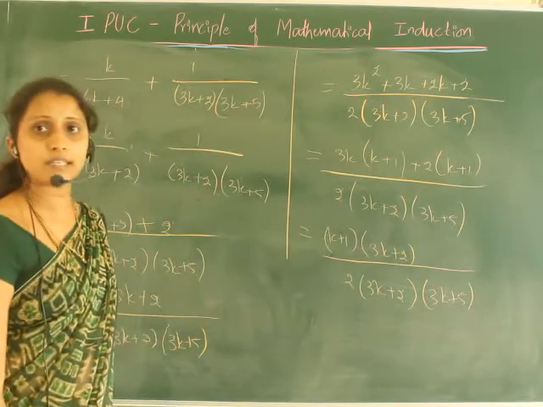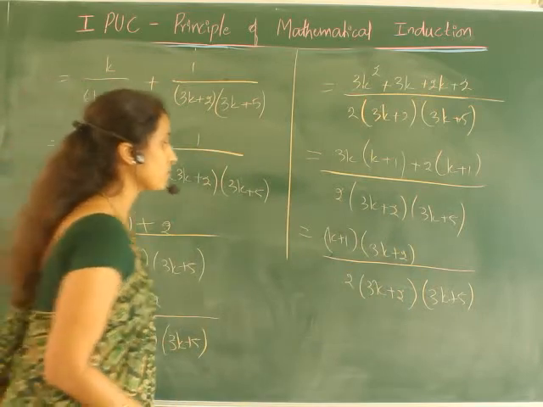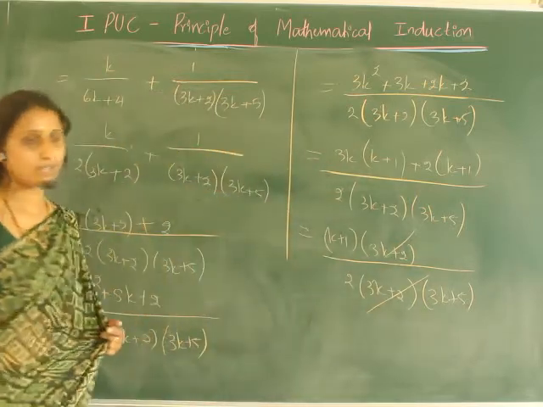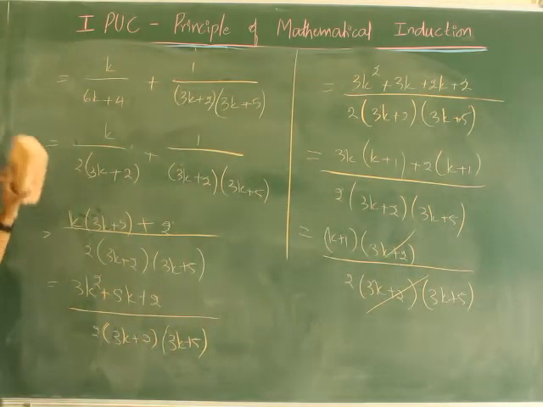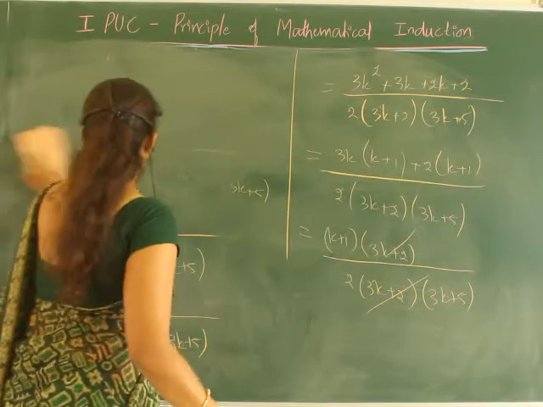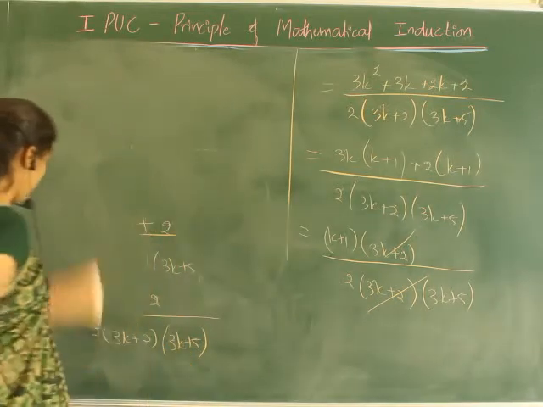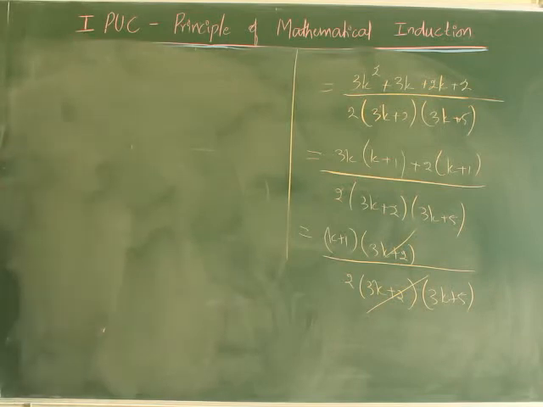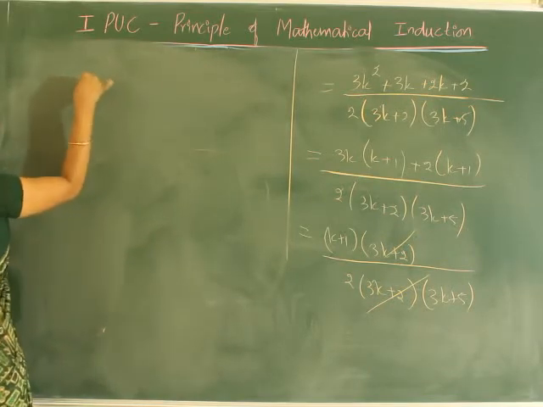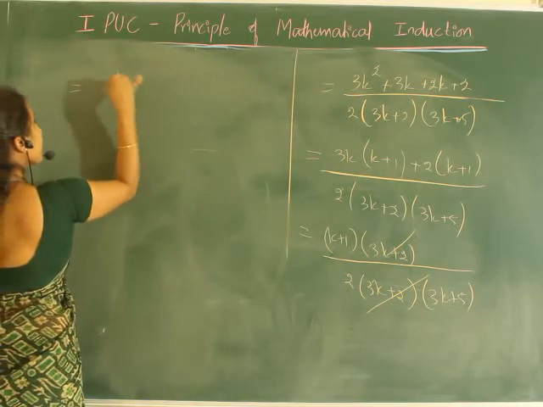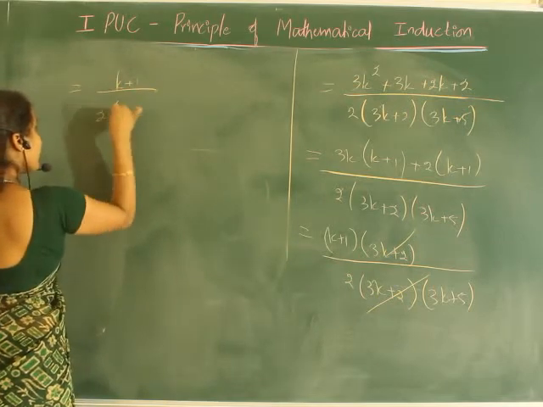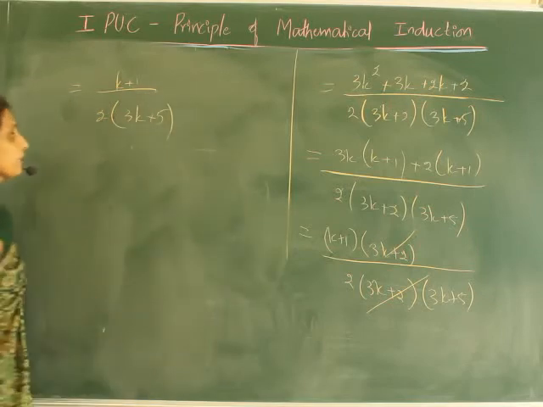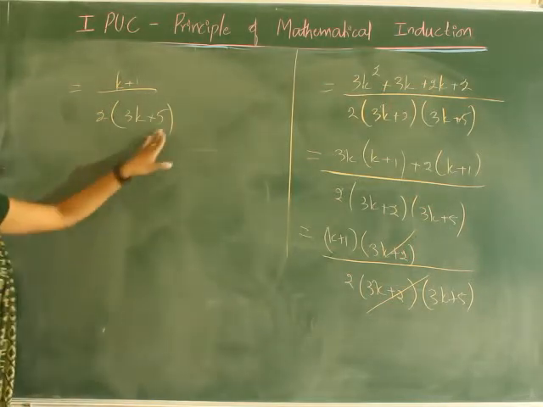What we can see here is that we can cancel 3k plus 2. After cancellation, we get k plus 1 divided by 3k plus 5.